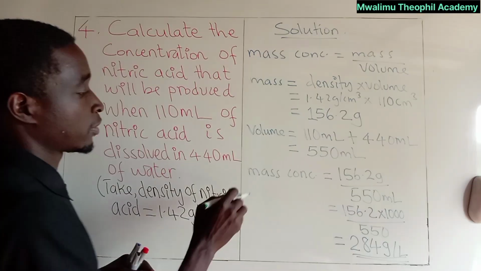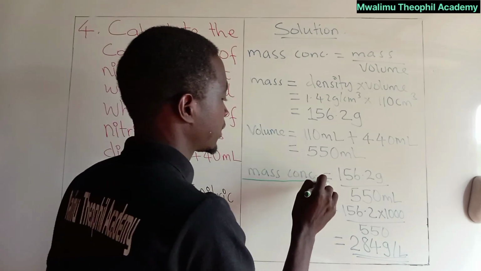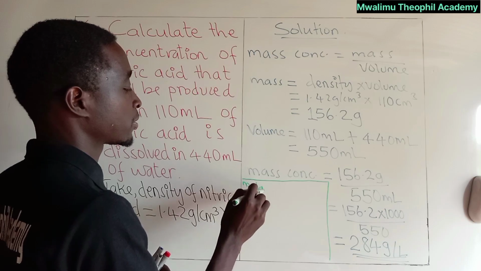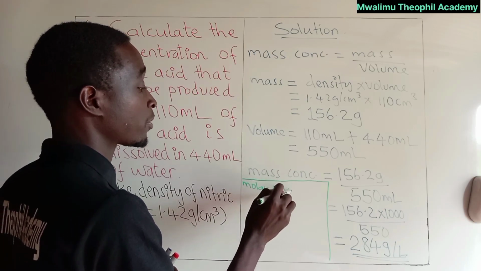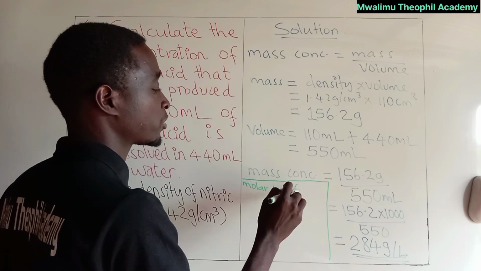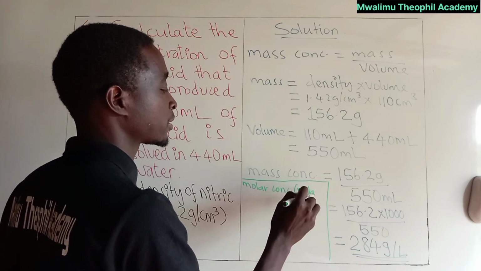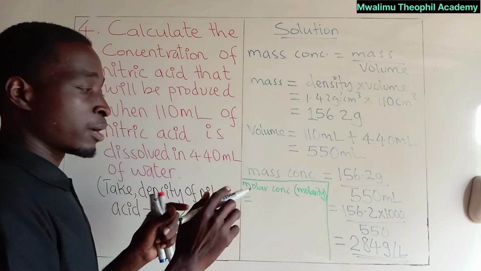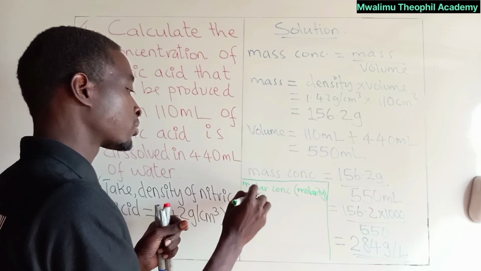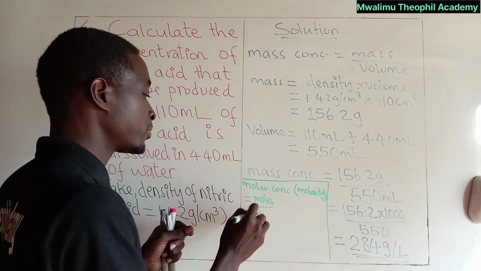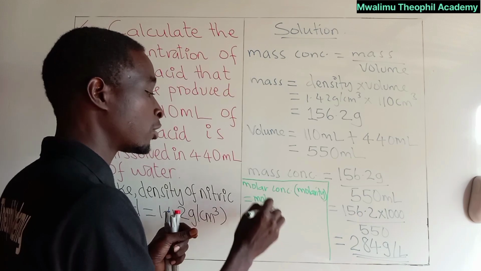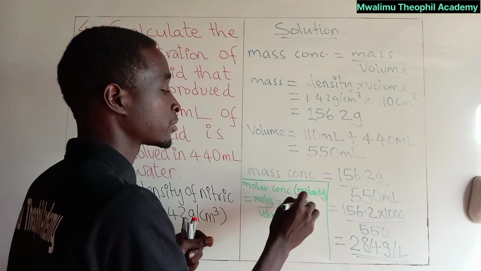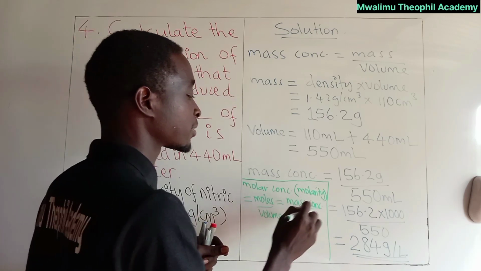Let's see. As I have told you, molar concentration, which at other times we call molarity, is equal to number of moles over volume, or is equal to mass concentration over molar mass.